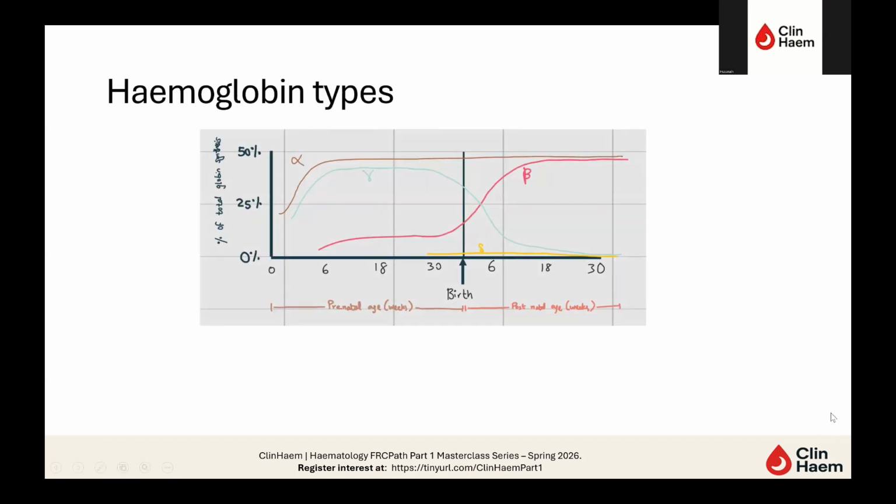Now, this is the most important slide of knowing about hemoglobin synthesis, because not just for theoretical purposes but for diagnostic purposes, and all of your HPLC would be based on this knowledge. So this is birth, and this is the prenatal life, and this is postnatal life in weeks, and this is the percentage of globin synthesis on the y-axis.